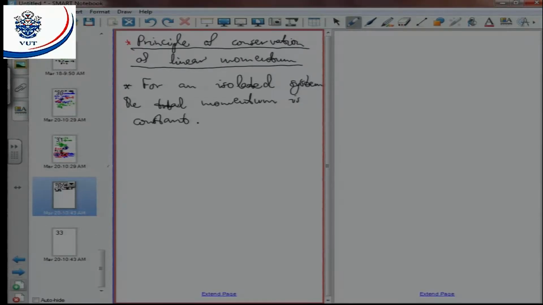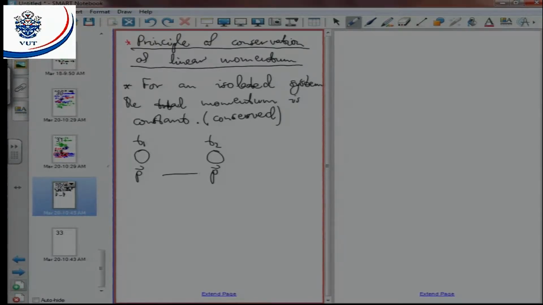Sometimes they use the word conserved. It's the same as constant. That means if I have momentum at some time t1, later on at some time t2, the momentum before was just p, after some time I must still have p.